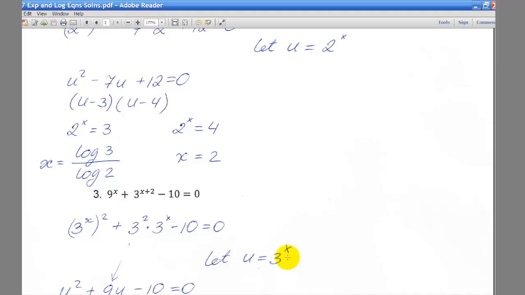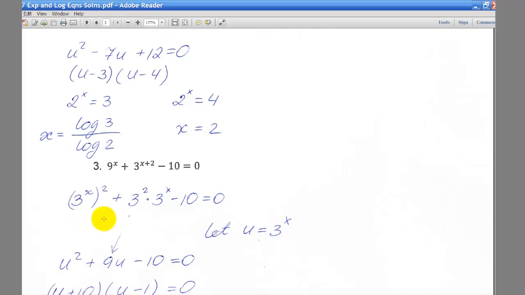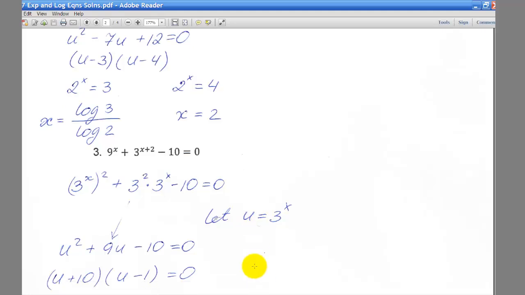I have a quadratic equation again: 3 to the power of x squared plus 9 times 3 to the power of x minus 10 equals 0. I can substitute my 3 to the power of x with u and simply solve a quadratic equation again. U squared plus 9u minus 10 equals 0.